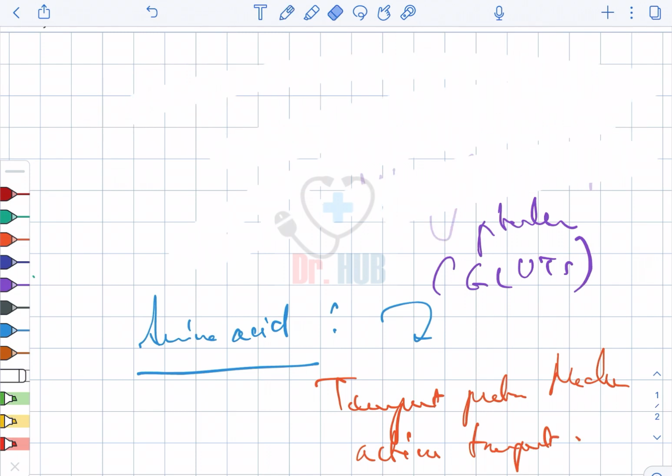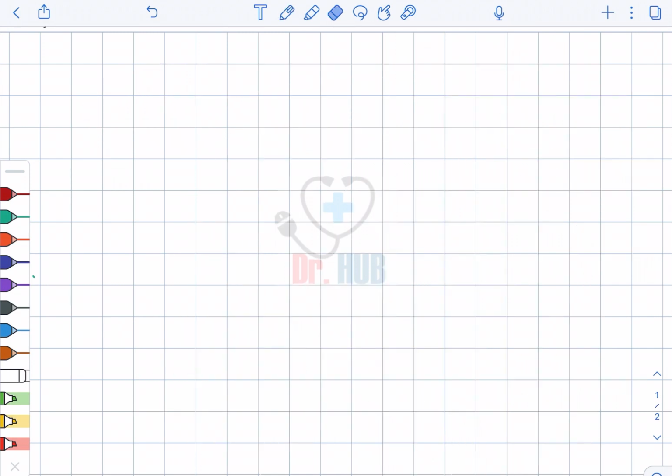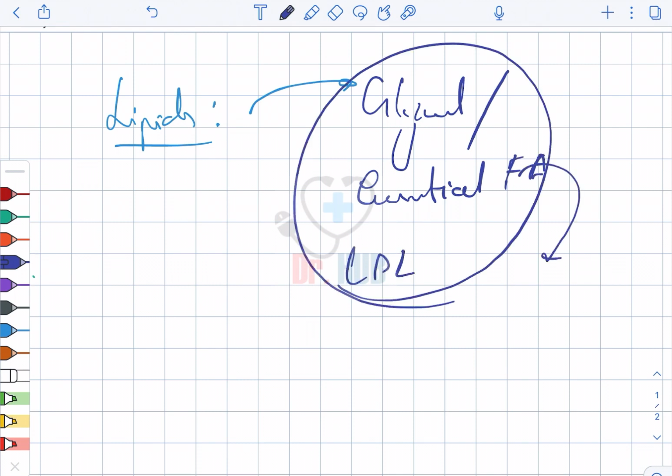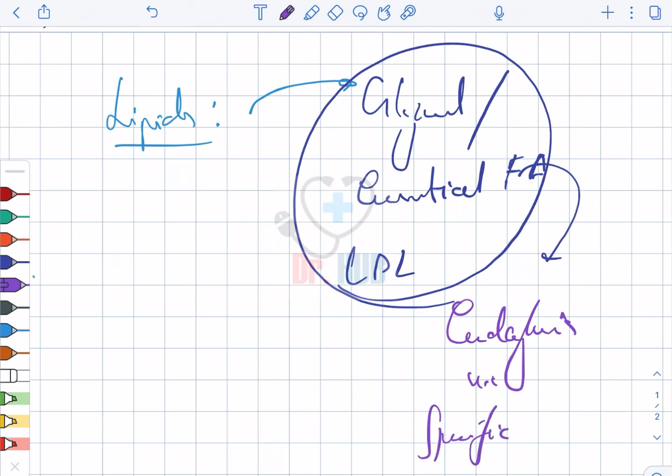Next, looking at lipids, such as glycerol, the essential fatty acids, and LDL, the mechanism is endocytosis via specific receptors.